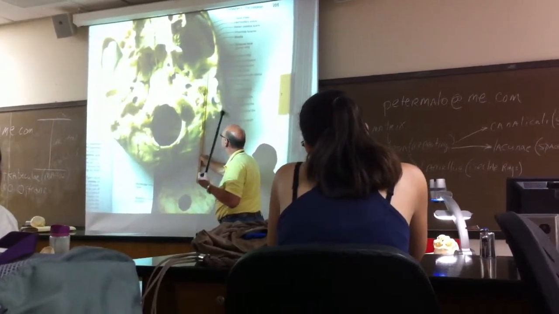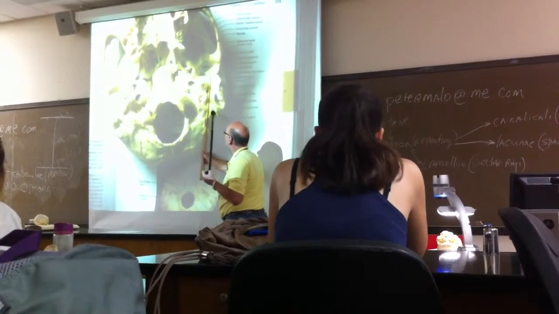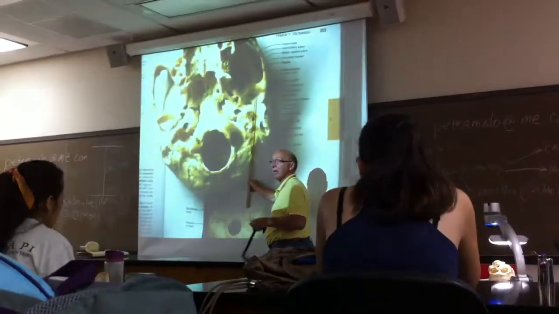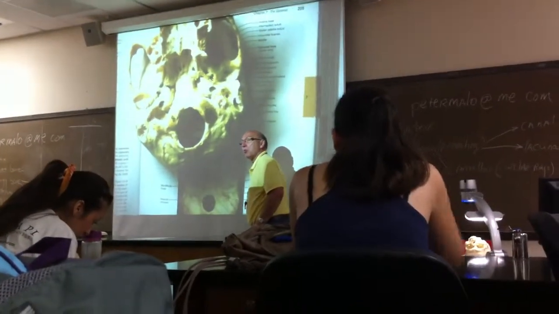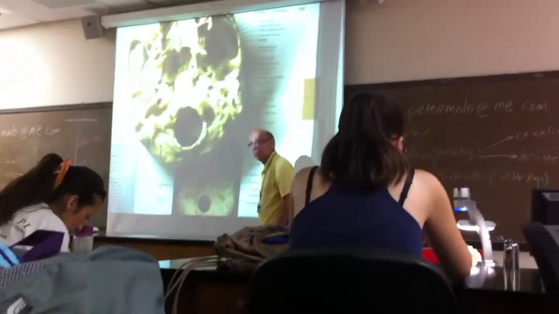That is the mastoid portion. Portion is an area, process is the bump.